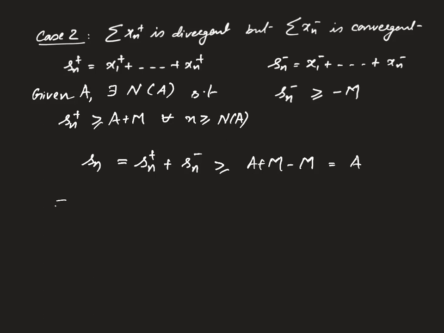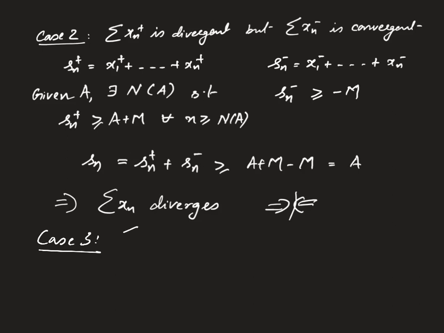Okay, so this implies that series x_n diverges, which is a contradiction. So case 2 is also not possible. What is case 3? Case 3 is series x_n^+ is convergent, but series x_n^- is divergent.